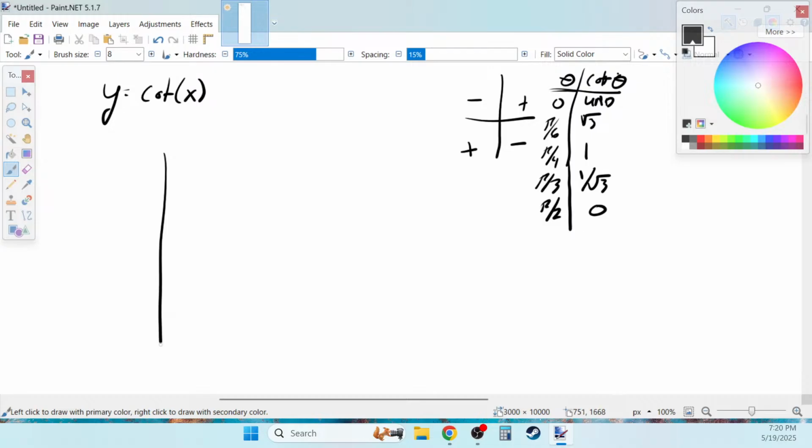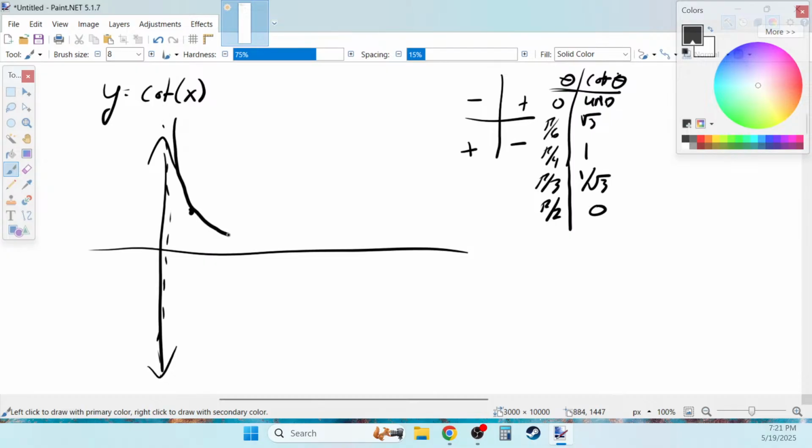So when we draw our graph, start off with a vertical asymptote, then we're going to come down and eventually hit square root of 3, then 1, then 1 over the square root of 3, and then 0.